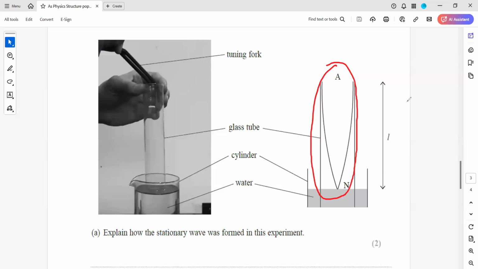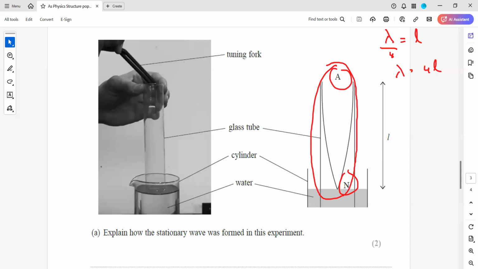For example, as we know, this is a node and this one is an antinode. The distance between node and antinode is a quarter of the wavelength, so lambda is equal to 4L. If we increase this distance between the node and antinode, what will happen to the wavelength?